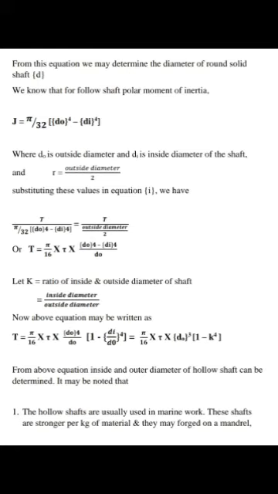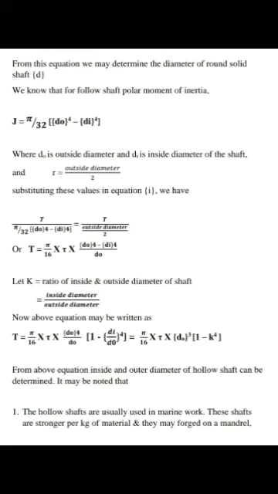If the ratio between inside diameter and outside diameter of the shaft is expressed as K, so K will be equal to di upon d0. So the above equation may be written as T is equal to pi by 16 into tau into d0^4 upon d0 (1 minus di upon d0)^4.